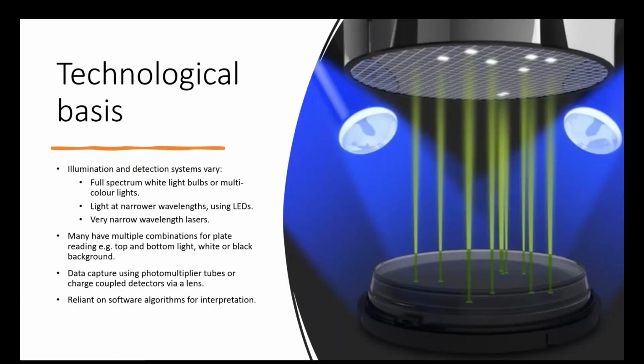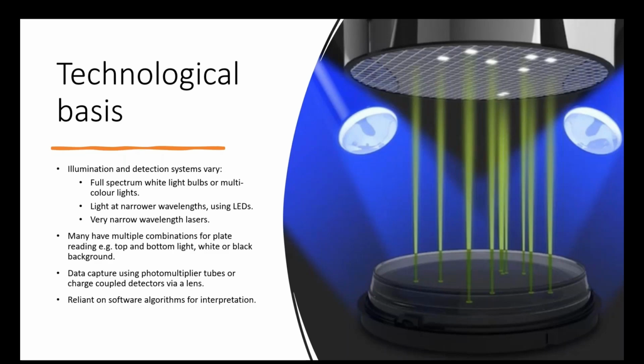Another important technical factor is the illumination and detection system. And these are going to vary according to different types of automated counters. So some might be full spectrum white light bulbs, others will use narrow wavelength LEDs, and some will use very narrow wavelength lasers.